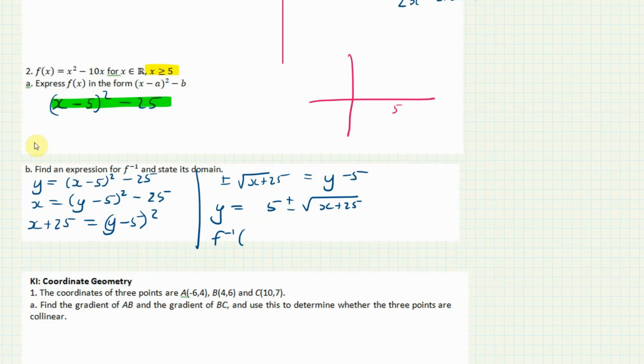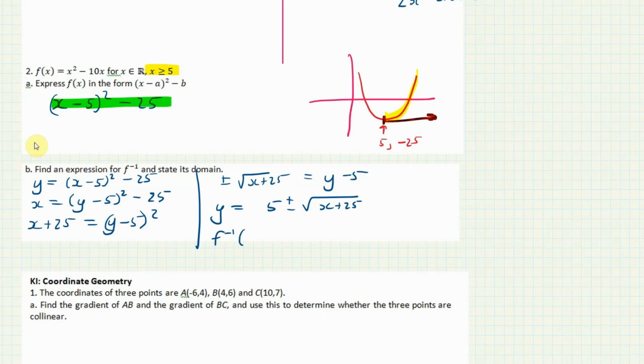Let's just fix that up. Alright, there we go. This minimum point here is at (5, -25). We want that side of the function, so the function is for x greater than or equal to 5.